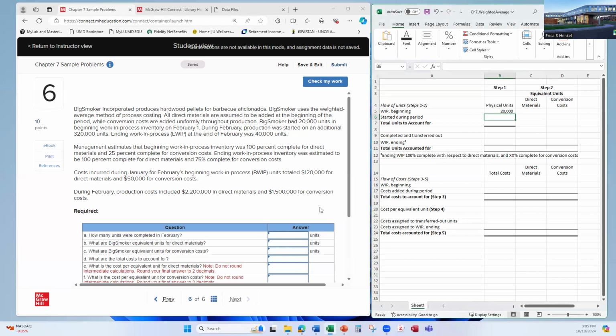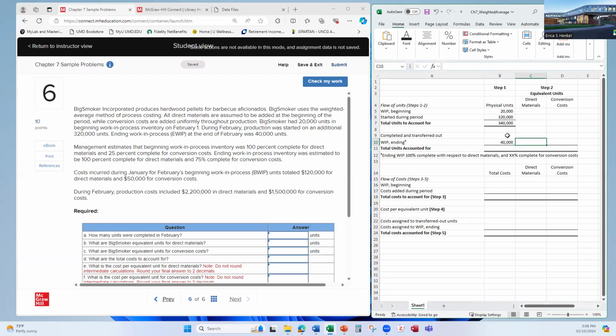And then during February, they started production on an additional 320,000 units. So that gets us to a total of 340,000. I'm just putting this in here. So we've got that totaled up. And then they're telling us that end of work in process at the end of the period was 40,000 units.